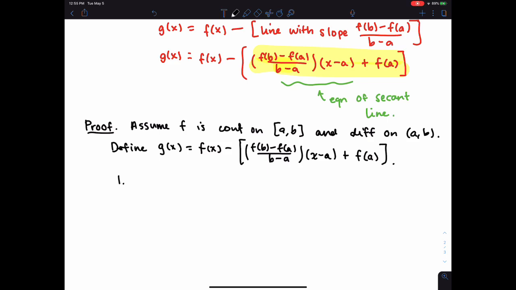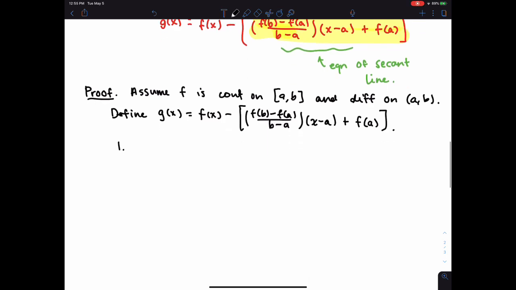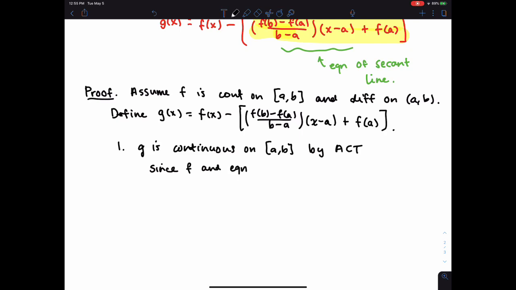So the first thing we need to assert: why is g continuous? We can say that g is continuous on the closed interval [a, b] by the ACT, since f and the equation of the secant line are continuous functions on [a, b].